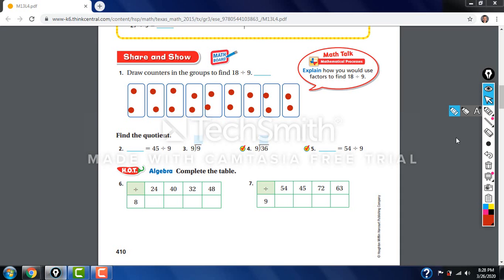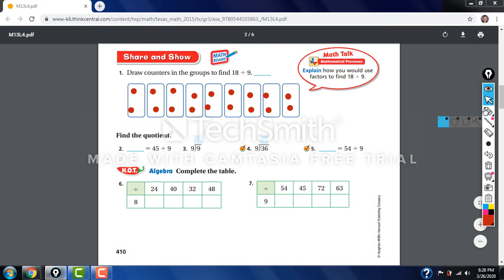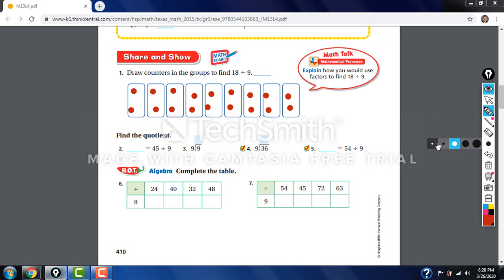So 18 divided by 9 is what? Very good, 2. We're looking at the counters here. So again, this number is the total number of groups, and this is how many in each group.